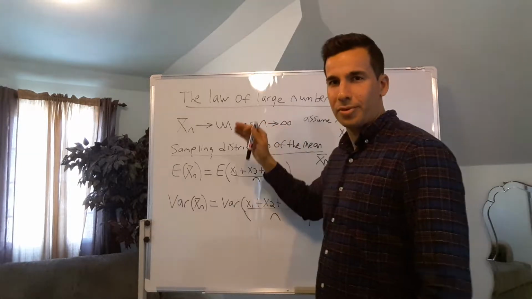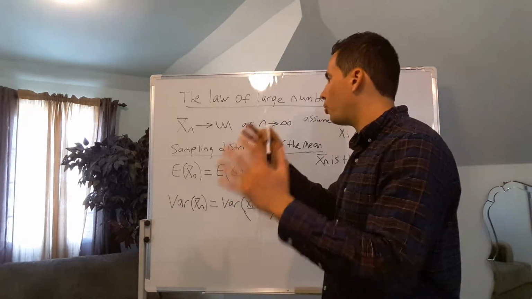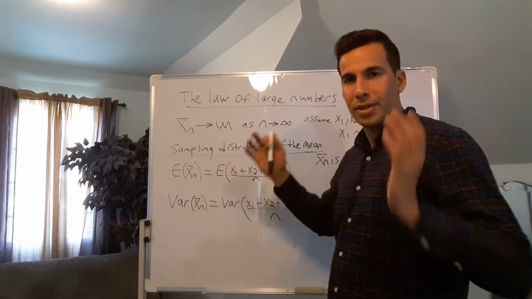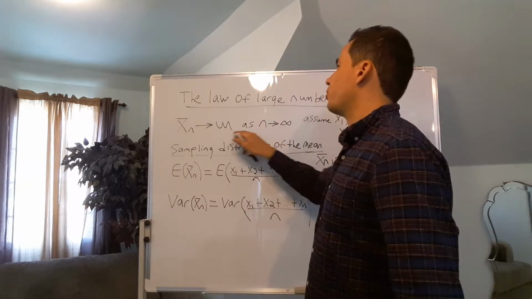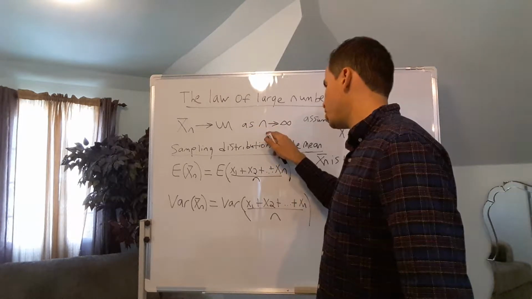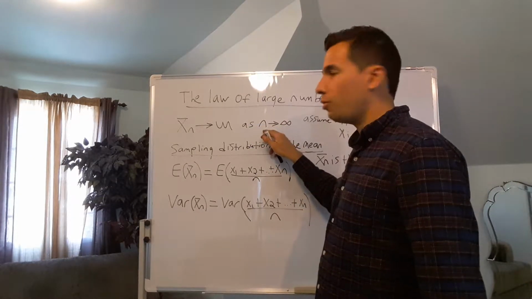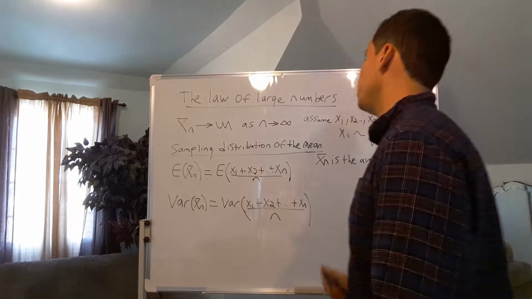So as the sample size grows, when you're taking more and more items from the population, the average of that random variable is going to approach the expectation of that. So the average value is going to approach mu.